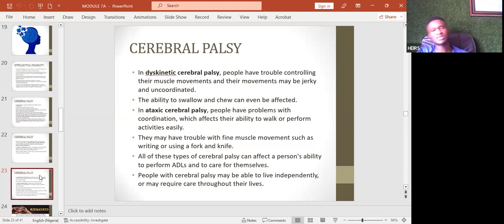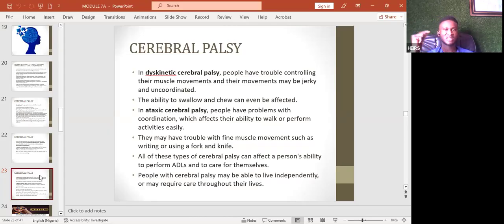Then in ataxic cerebral palsy, that's ataxia, people have problems with coordination, which affects their ability to walk or perform activities easily. They have trouble with fine muscle movements such as writing or using a fork and knife.